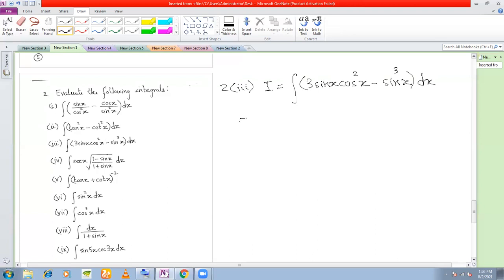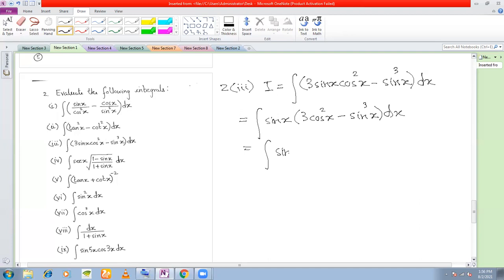Okay. So you see here, if I am to take sin x common from these two, I am going to get sin x, taking common from both, 3 cos square x minus sin cube x dx.